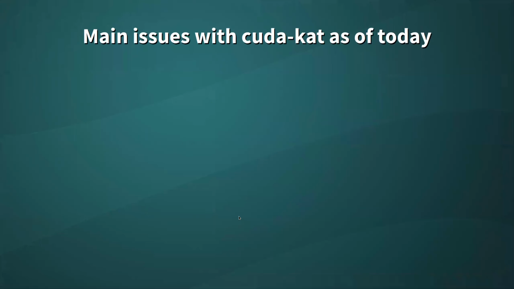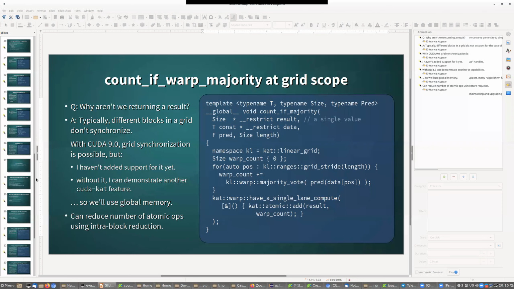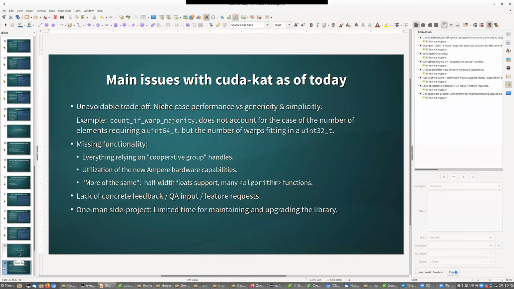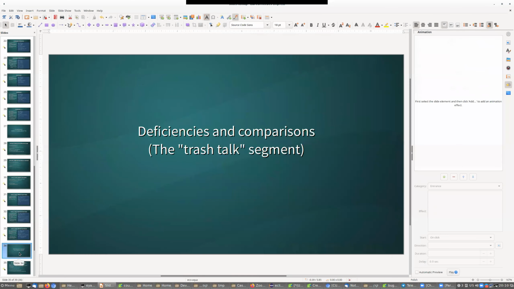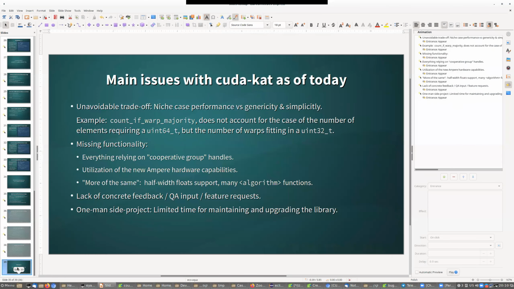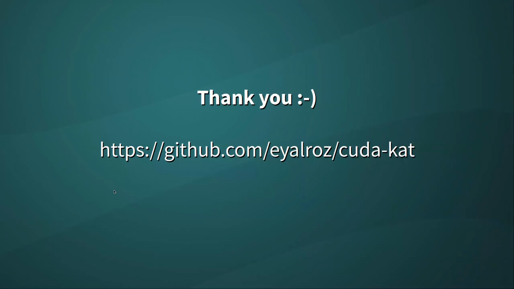So I'm skipping the bonus slides, but maybe we'll have time for them in the discussion. At this point, I want to thank everybody for sitting through this hour. I hope I've piqued your interest to maybe try and use CUDA KAT, or at least some of the facilities, because like I said, they're mostly separate.